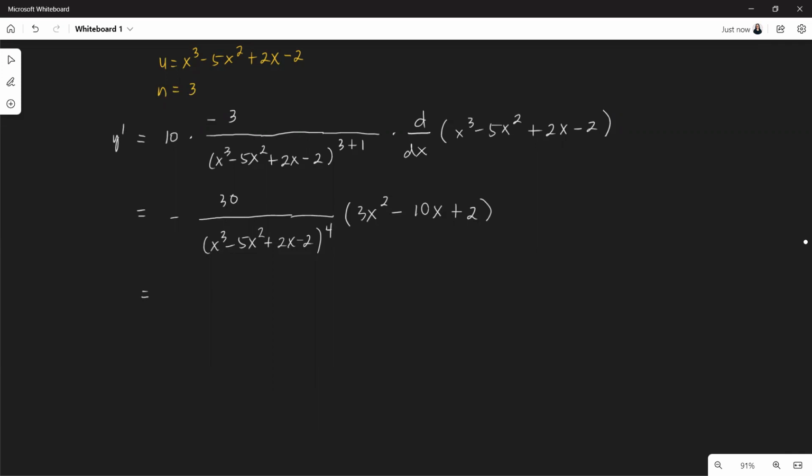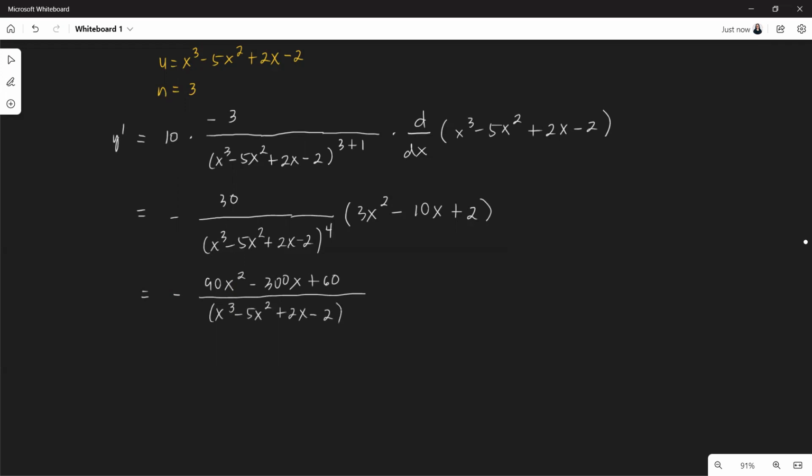But again, you can also multiply them. So let's try multiplying them. So it's 90x squared, then minus 300x, since 30 times 10x is 300x. Then 30 times 2 is 60. For the denominator, there's no need to expand.